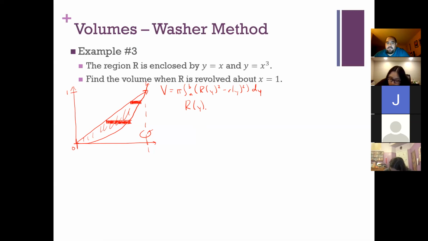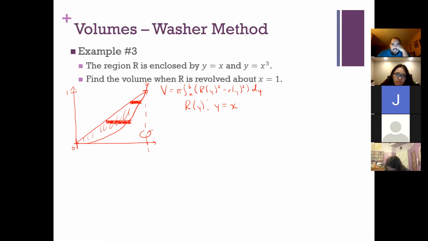That's exactly it. So our axis of rotation is at x equals 1, so we want to deal with our line here. So we know that this is going to involve this equation, y equals x. It's not going to be equal to y, but it's going to be a function of that. So now what we need is an expression for r of y.